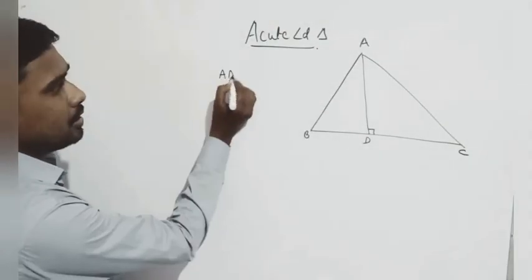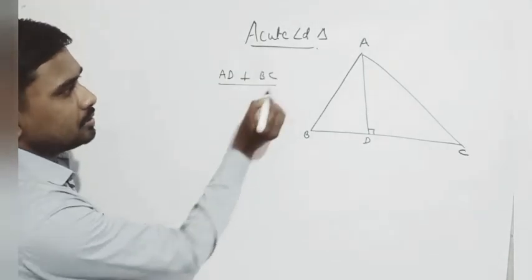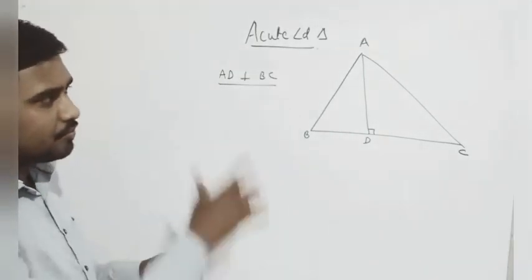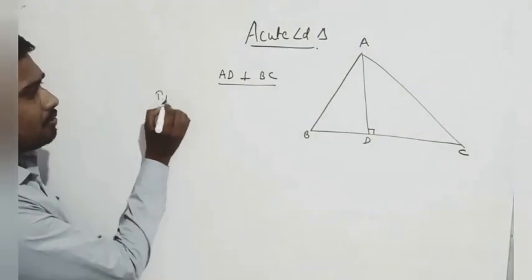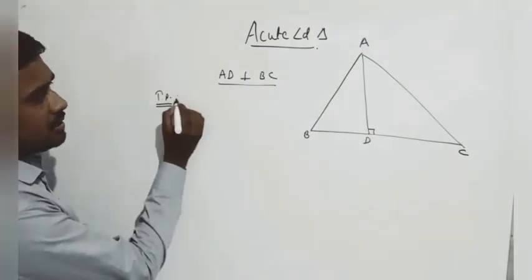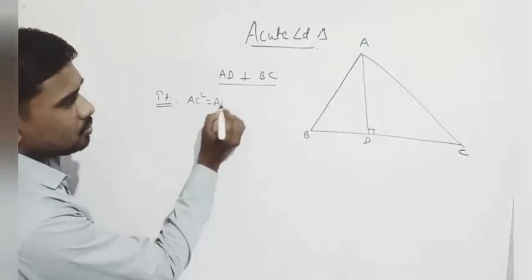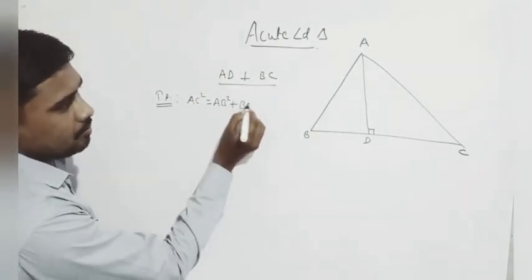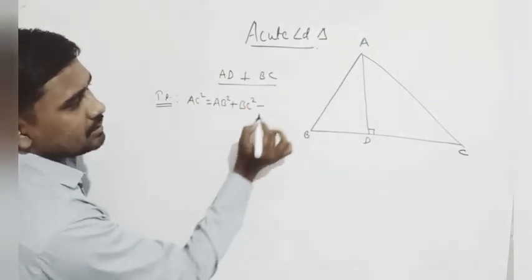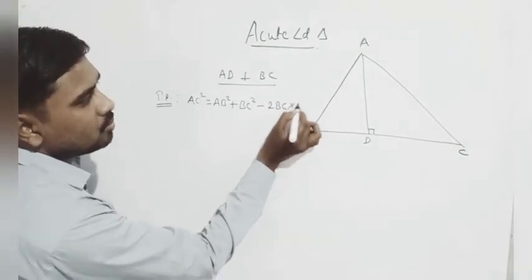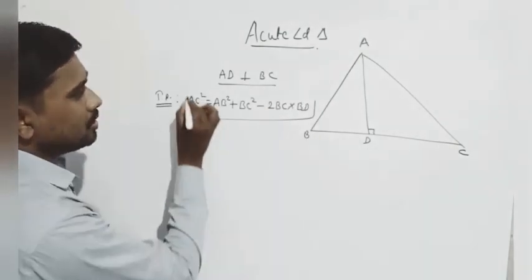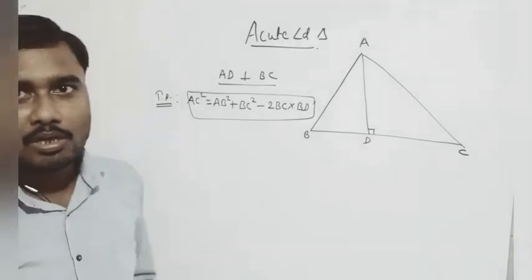If this type of figure is there, then you have to prove that AC square is equal to AB square plus BC square minus 2BC into BD. This is the thing you have to prove in acute angle triangle.